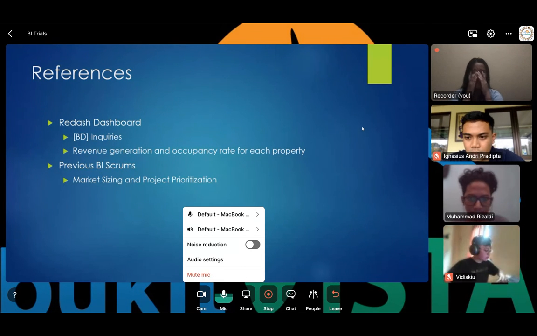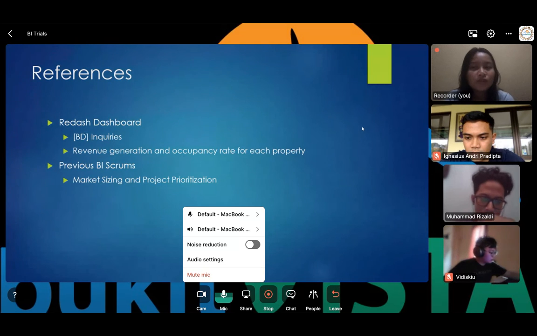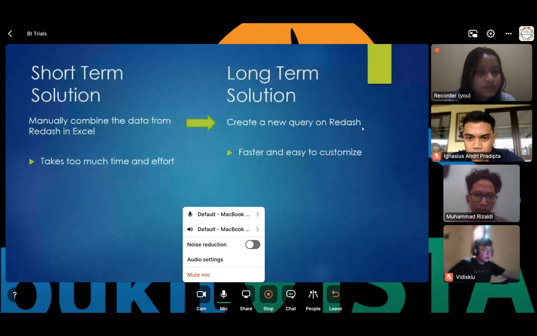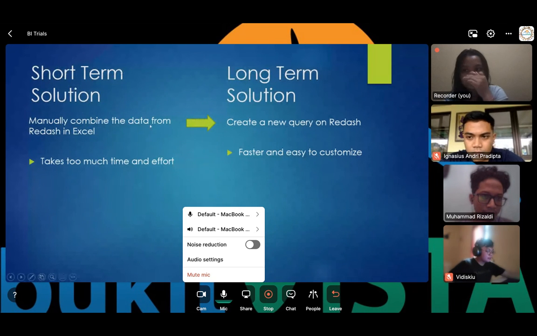So my question: what is your innovation compared to the current method that we have? I want to, as long as I finish this short-term solution, then I start to go to the long-term solution.